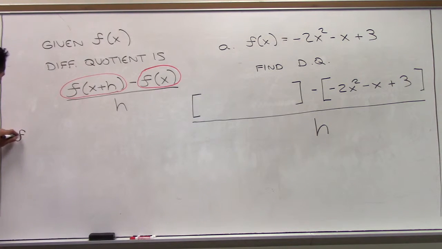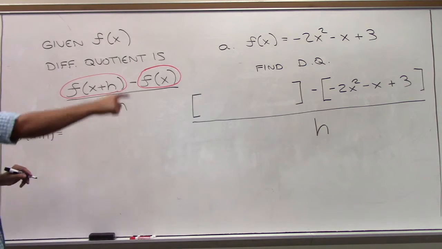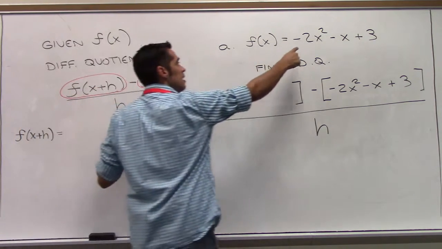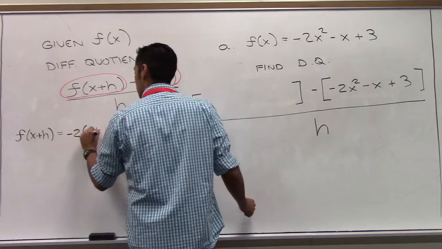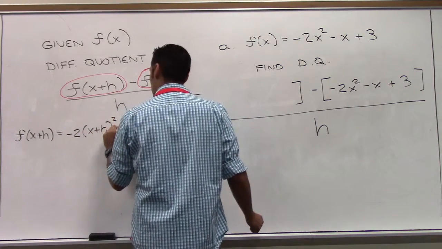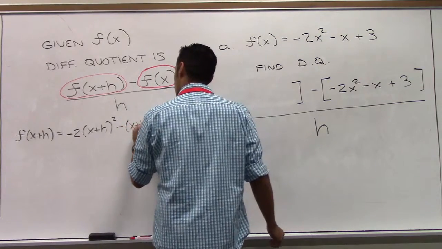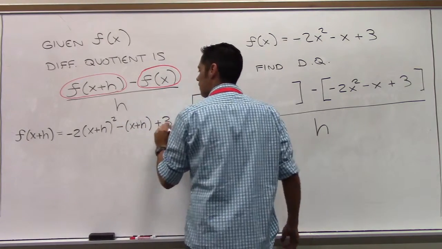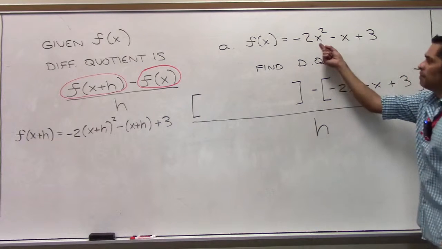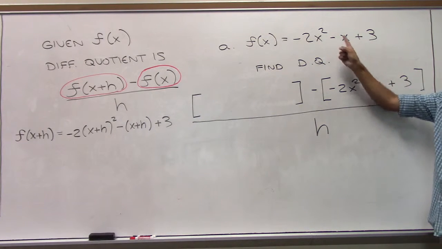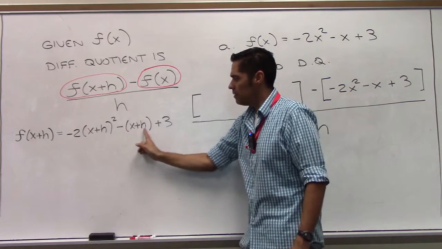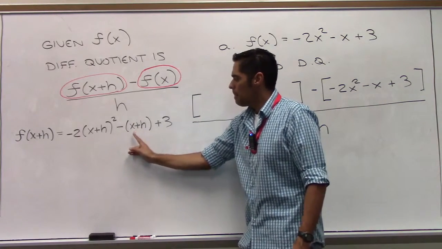What is f of x plus h for me? So I take this, I plug in x plus h. Negative 2 times x plus h squared, minus x plus h, plus 3. Replace that with x plus h. Replace that with x plus h. Make sure, because there's a minus, that you put it in parentheses right there. And then plus 3.